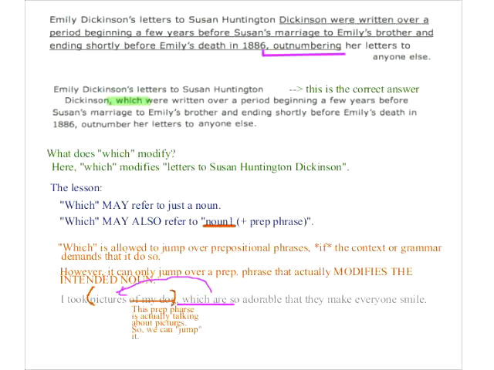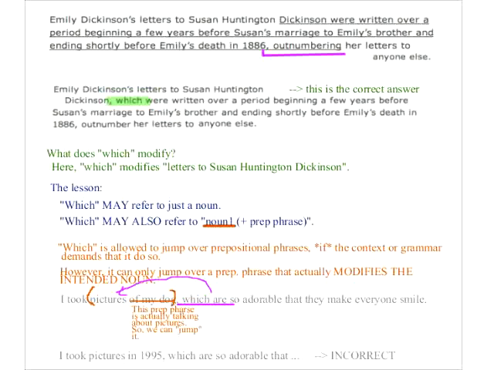Now, on the other hand, if you say something like, I took pictures in 1995 which are so adorable that, then this is incorrect. Because pictures in 1995 is not a unit.